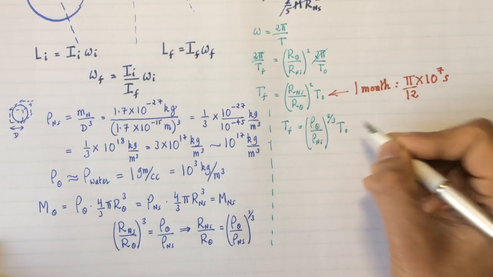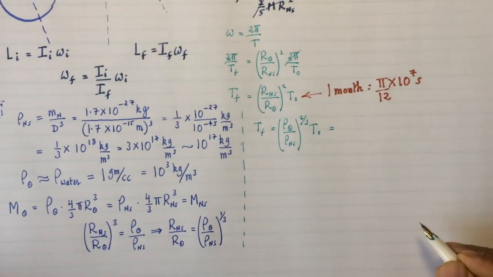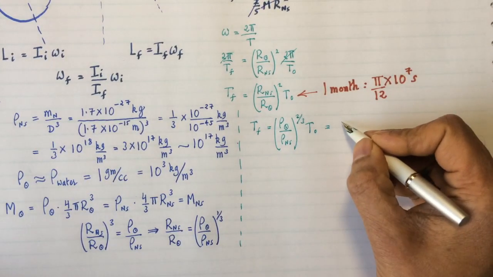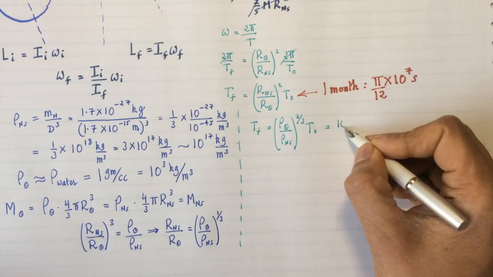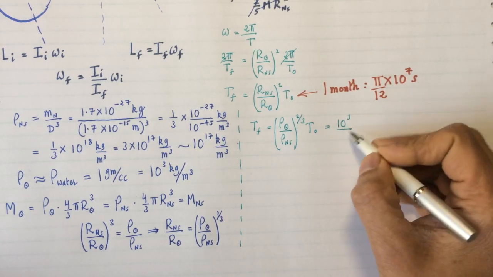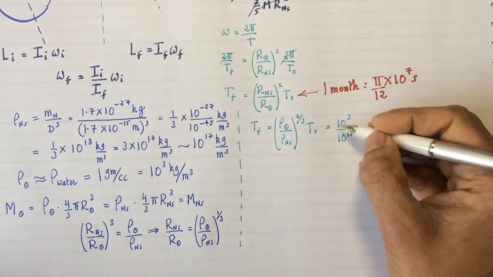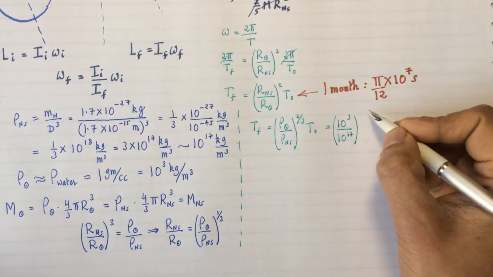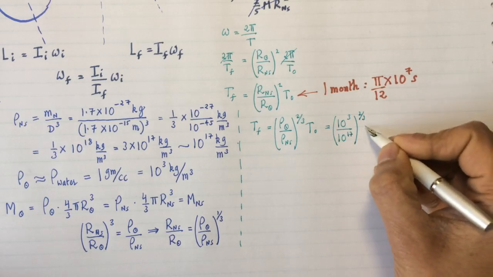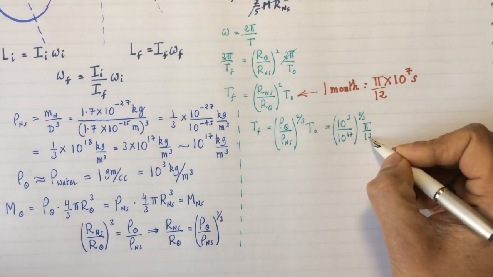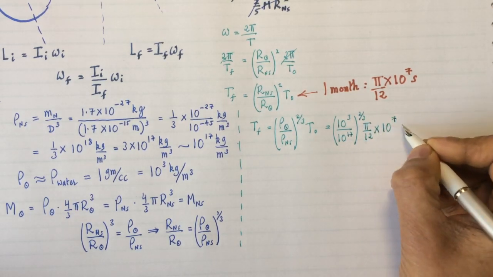I'll write that in the next step. So this is going to be 10 to the 3 over 10 to the 17, to the 2/3. I won't write units on the density because they cancel out. And that's pi over 12 times 10 to the 7 seconds.